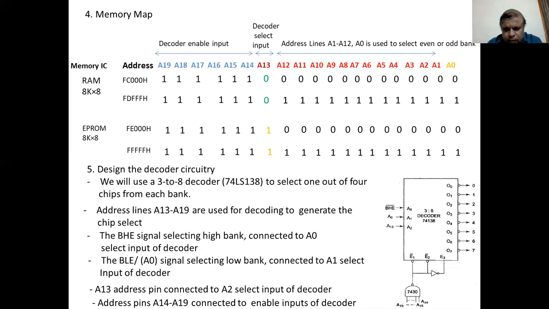So connect the address pins A14 to A19 to the NAND gate input. So A14 to A19 are all ones. Then what is the output of the NAND gate when A14 to A19 are ones?